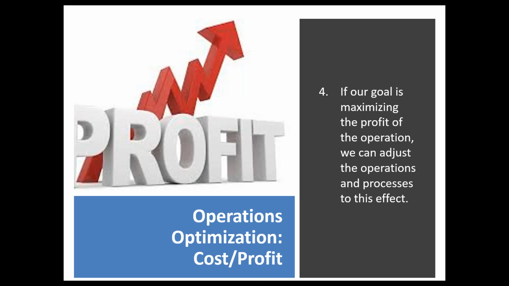Once we start developing our map of where in the processes we have these costs per ton, we could start looking at optimization. If our goal is to maximize the profit of our operation, we can develop a model that allows us to adjust those operations so that you are maximizing the profit, whether that be by focusing on pulling out one commodity, or adjusting your processes, or getting rid of a process completely.